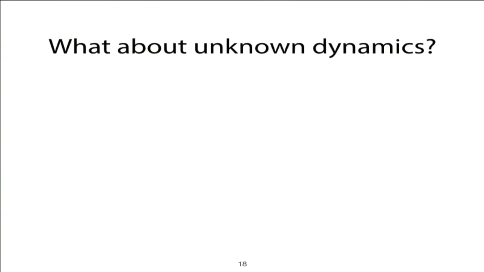Okay, so what about unknown dynamics and continuous states and actions? For this, I'll go back to the whiteboard. And let's see. I'll erase. So in this setting, we computed our partition function exactly by computing the optimal policy and then computing the state action visitation frequencies.